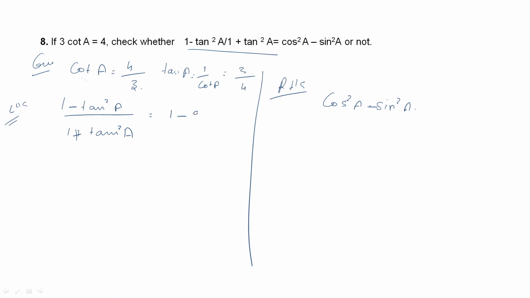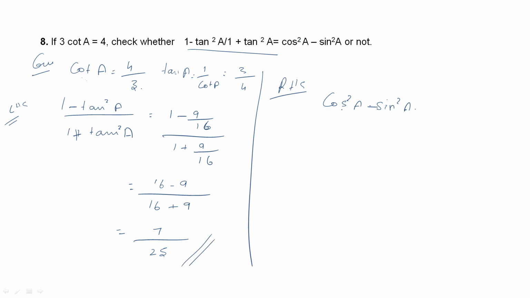So 1 minus 9 by 16 divided by 1 plus 9 by 16 is 16 minus 9 divided by 16 plus 9. The common 16 will get cancelled. So we are getting 7 by 25 on this side.